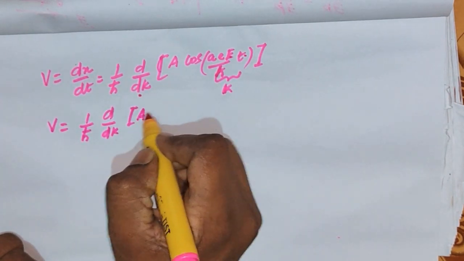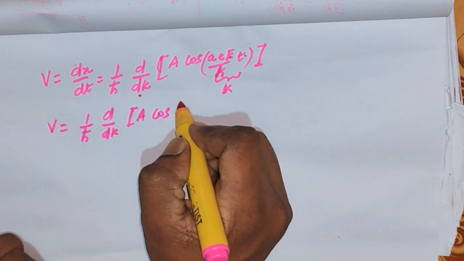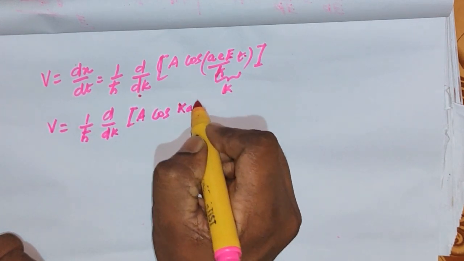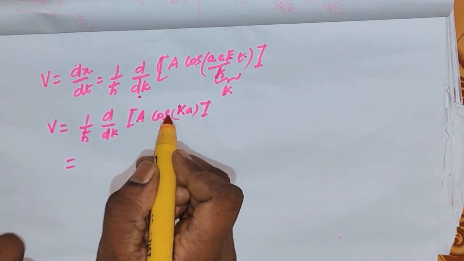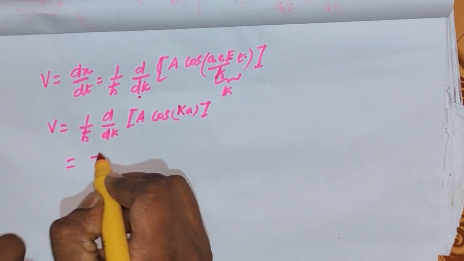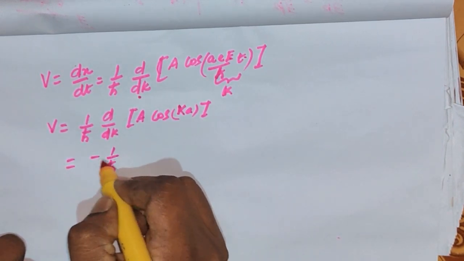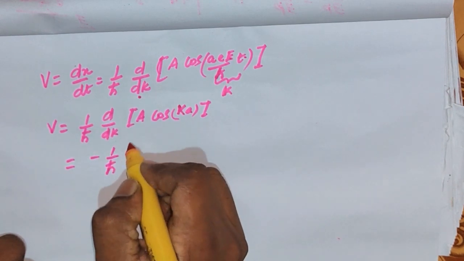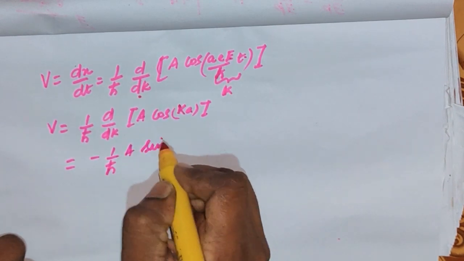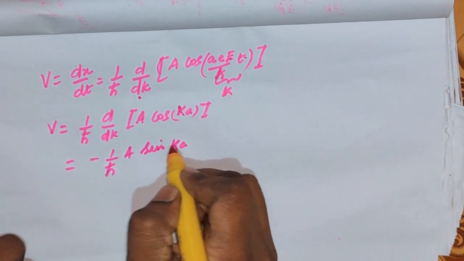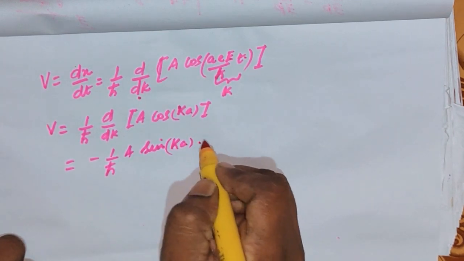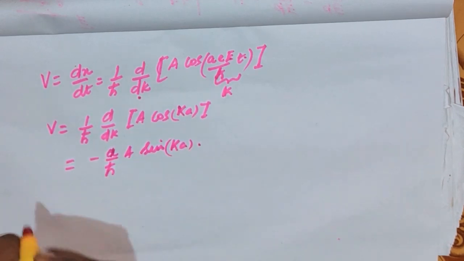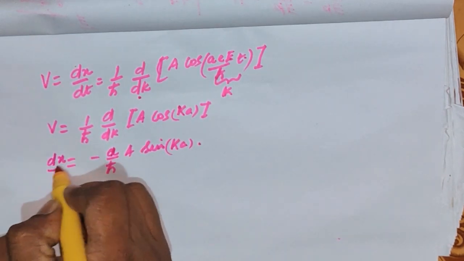of A cos ka. If you differentiate cos k, it will give minus sine, so minus sine ka, and then differentiating the argument gives the a outside. You can write it simply here: this is equal to dx by dt.